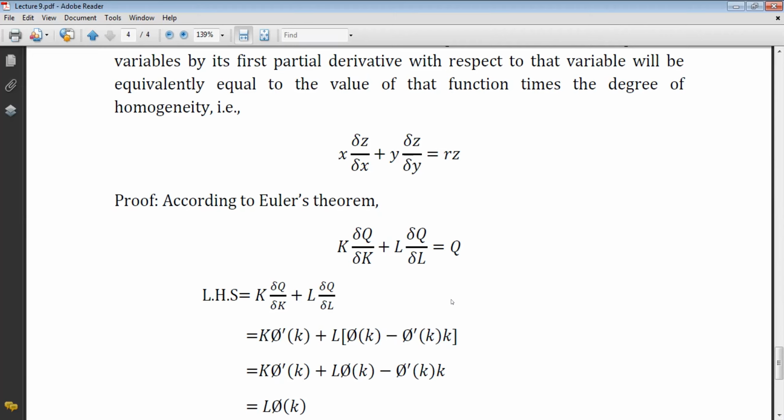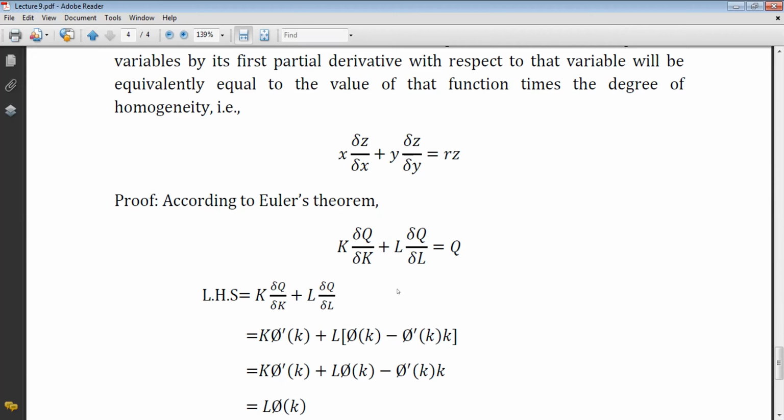Can you tell me what is the degree of homogeneity of q as a function of k and l? Degree of homogeneity is 0. Linearly homogeneous, it's 1, ma'am. Madam, it's a linearly homogeneous production function. Okay, so the degree of homogeneity is 1. So we have to put the value of r equal to 1 here, and instead of z, we have to put q, because our function is q.